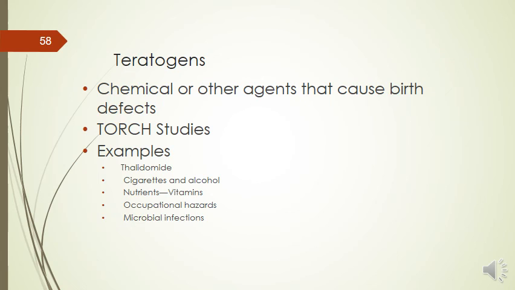And then there are the microbial infections from viruses and also from certain bacteria. These can be checked by doing what's called the TORCH studies, where we're looking for specific microorganisms. This can be done in a baby right after birth when you suspect that there is an infection, or it can also be done in the mother in the first trimester.